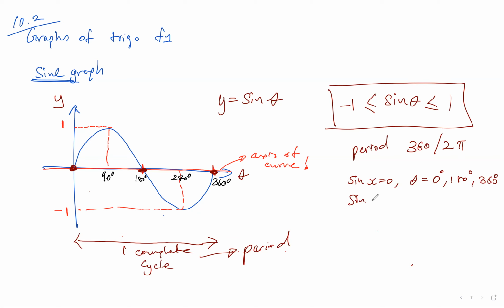When sine x is equal to 1, then theta is equal to 90 degrees. There's only one value here. And another important is when sine x equal to -1, theta is equal to 270. All these should be at the back of your mind. Okay, this is for sine curve.